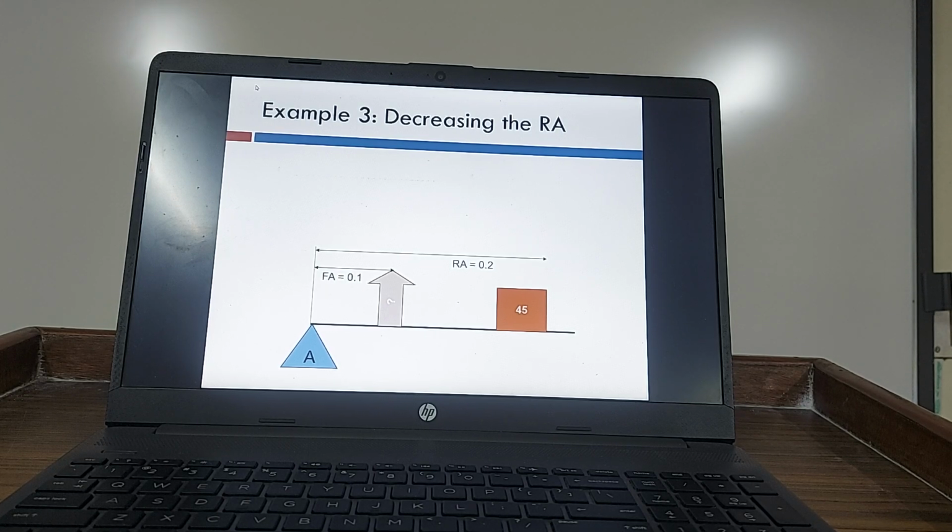Same calculation. No, it is not 0.15, it is 0.1. I have not changed FA here. I have only changed the RA from 0.25 to 0.2. 90 Newton force is required to lift 45 kg weight.